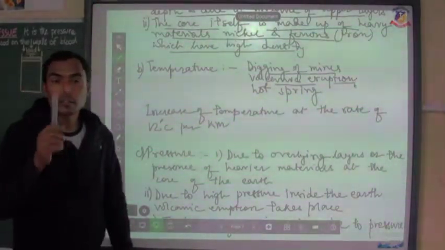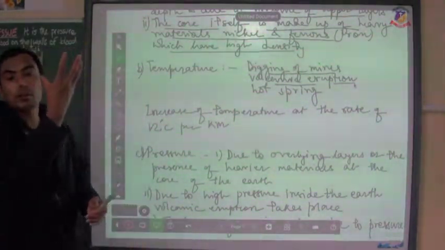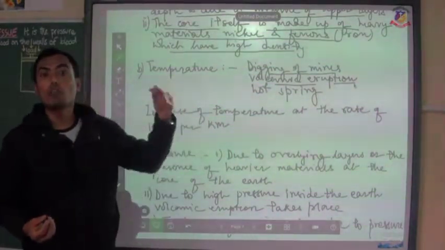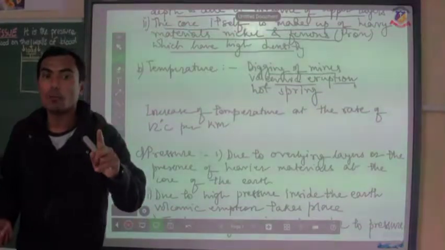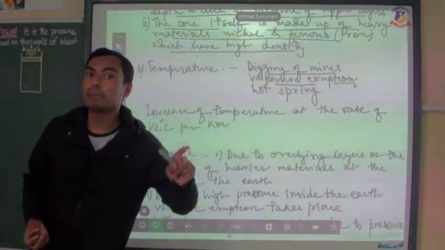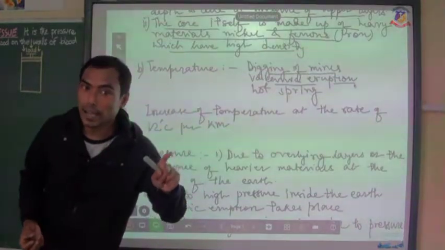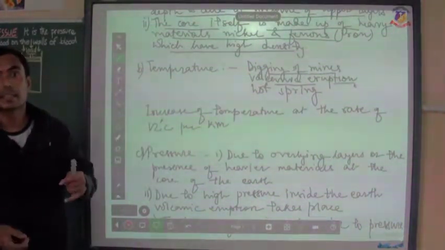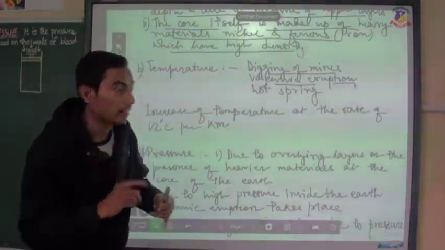So, whenever lava erupts because of a volcanic eruption, it results in magma coming out from the interior in the form of liquid. So this shows that as we go deeper, the temperature is very high. It even melts the heavier metals like iron and nickel.